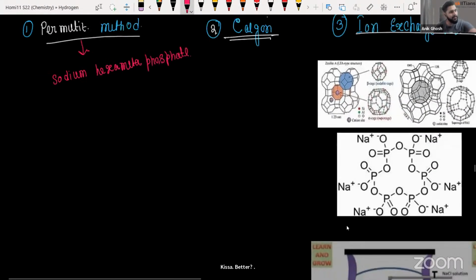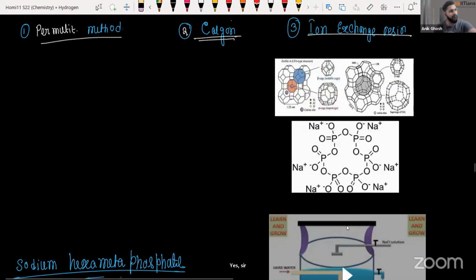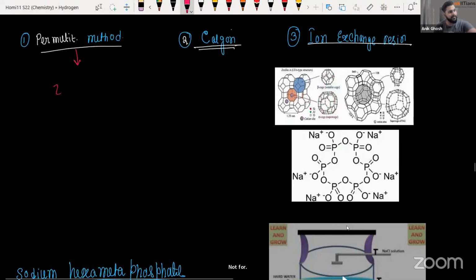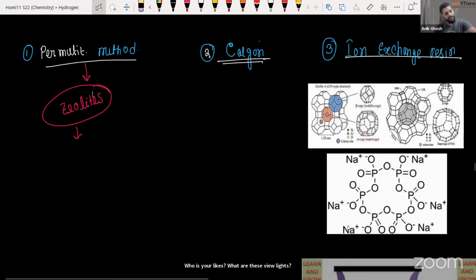I guess sodium hexametaphosphate is for the Calgon method, yes sir, not for the permutate method. For the permutate method, we use zeolites. What are these zeolites? The zeolites are called aluminosilicates.